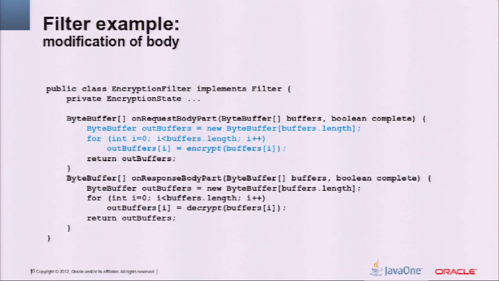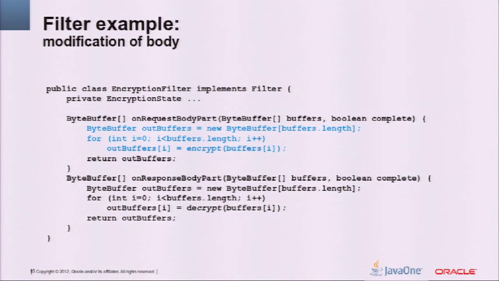We have a slightly more complicated example here where some simple modification of the body might occur. I'm calling this an encryption filter, but it could be any kind of content transformation filter. So this filter object maintains some kind of encryption state.